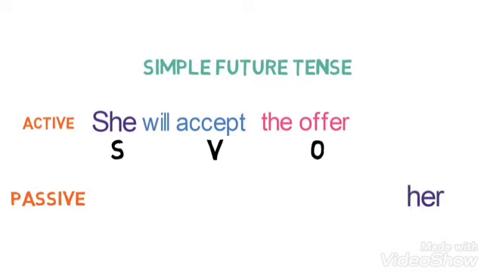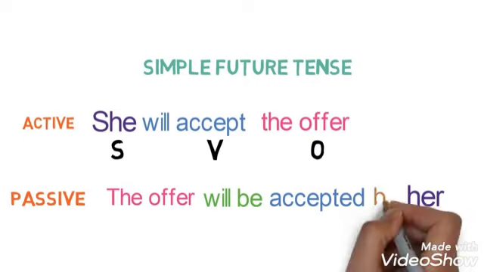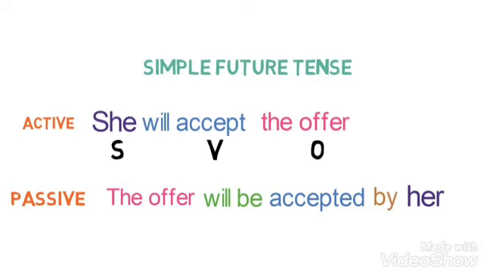The third step is V1 form to V3 form. And fourth one is add helping verb and add preposition. So this is the passive sentence: "The offer will be accepted by her."